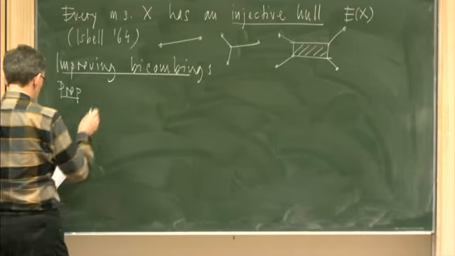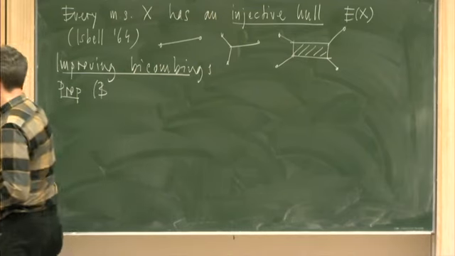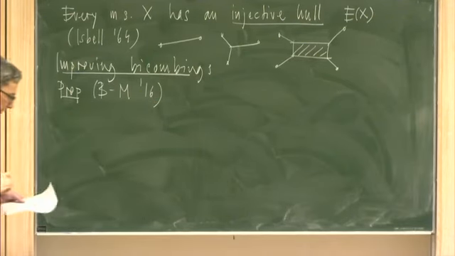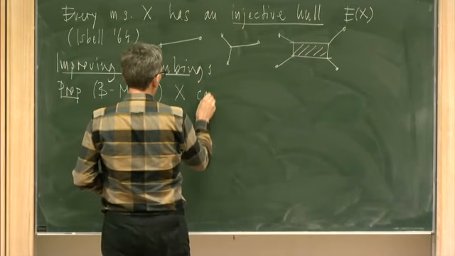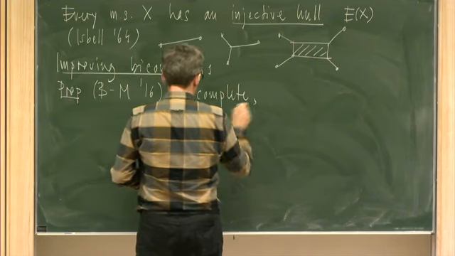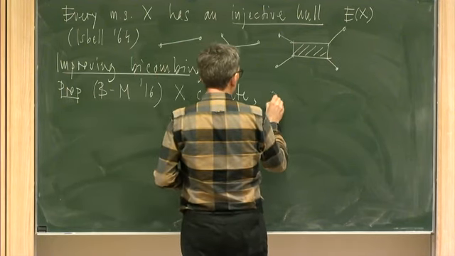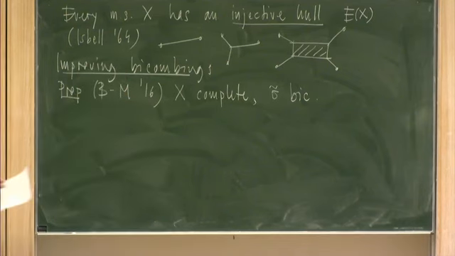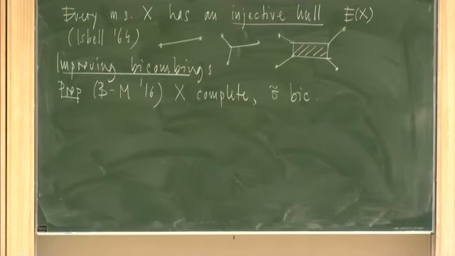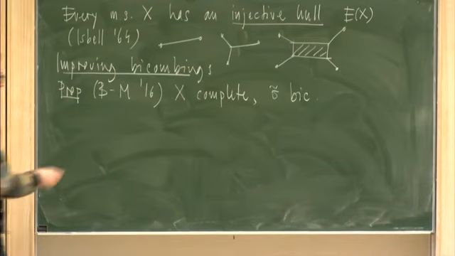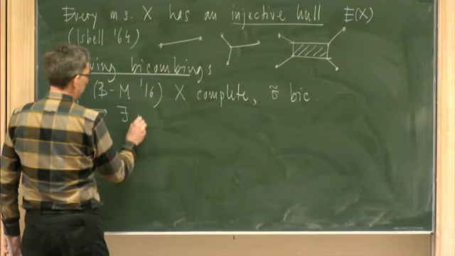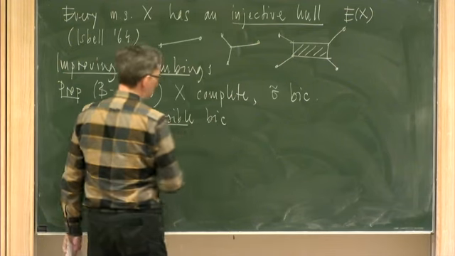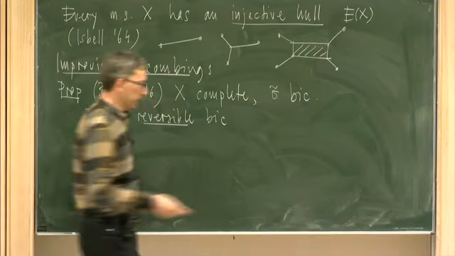A first observation, in the same paper by Basso and Miesch, is that if X is complete and sigma tilde is just a bicombing, so we are in class E, then there exists a reversible bicombing. That's yet another condition.